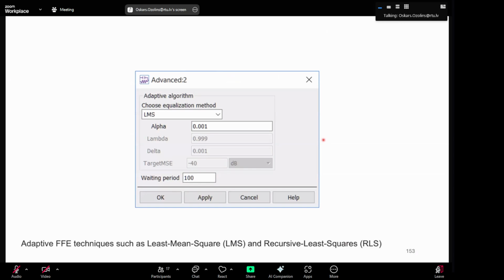How do you set those? That can be done with different methods. So here is one example: the least mean square and recursive least square algorithms. And this is usually optimized.